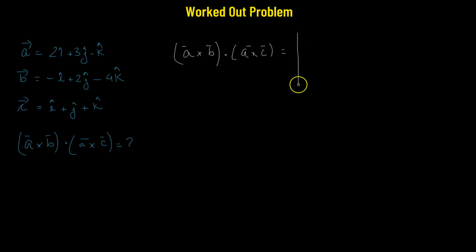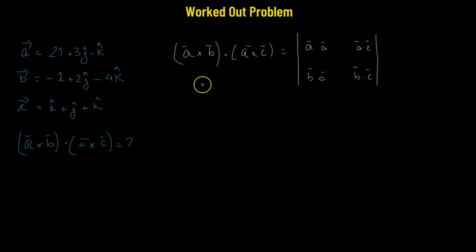In the first row we will have A dotted to A, then in the first row second column A dotted with C, then in the second row B dotted with A and B dotted with C.